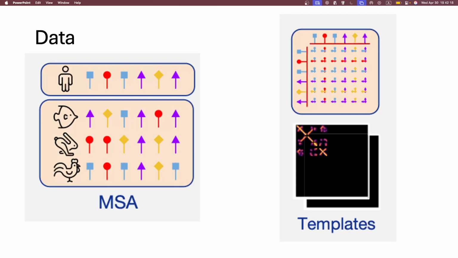So the point of deriving the attention out of this sequence is that we can find potential patterns in between our amino acids.